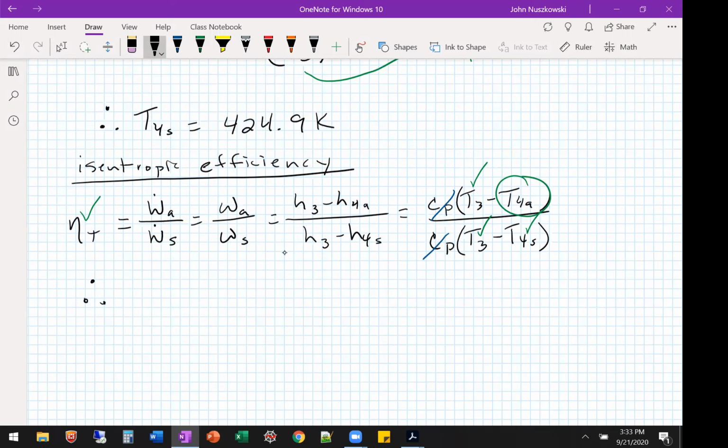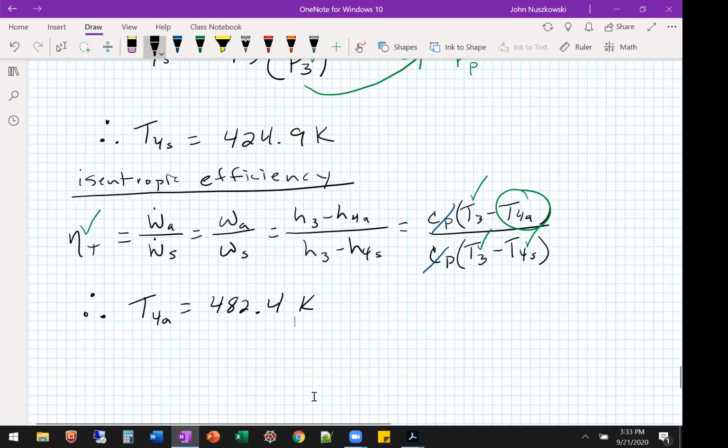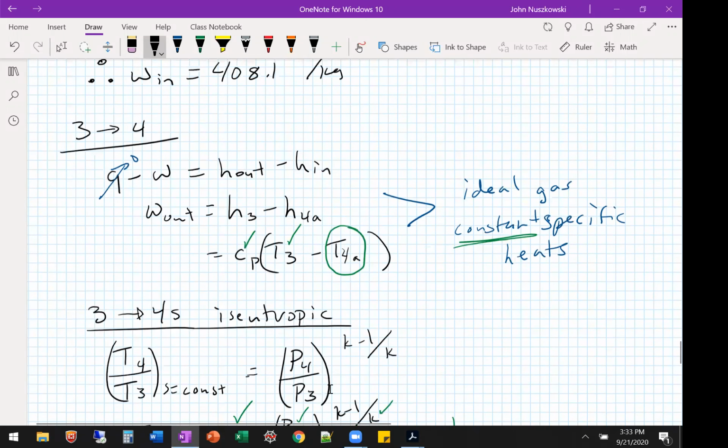Then we can solve and get 482.4 Kelvin. Now we go back up, and we have enough to solve for our work out.